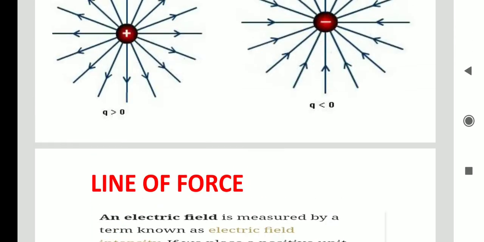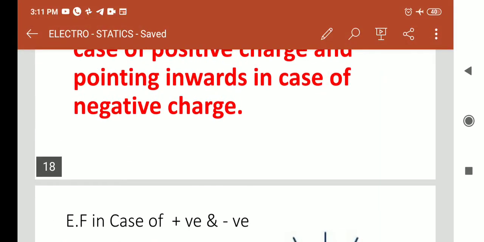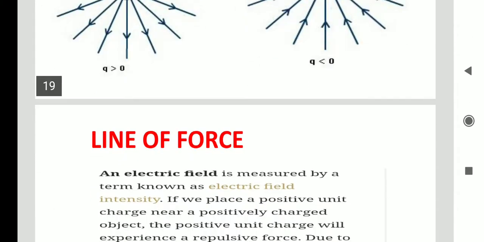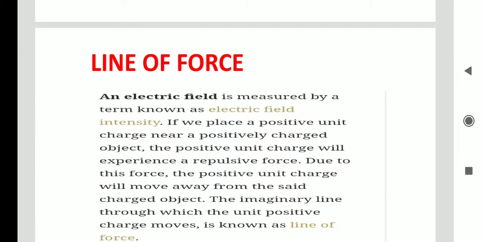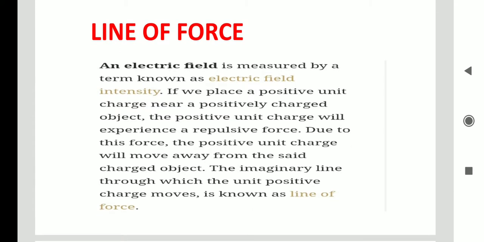Lines of force. An electric field is measured by a term known as electric field intensity. If we place a positive unit charge near a positively charged object, the positive unit charge will experience repulsion.